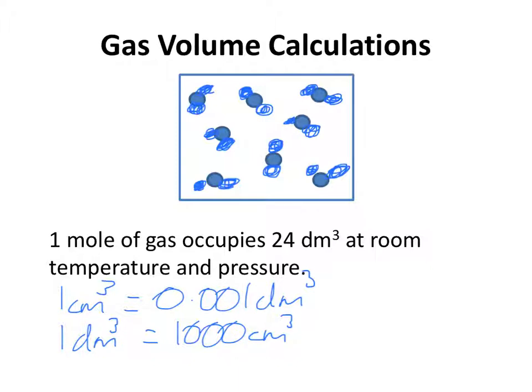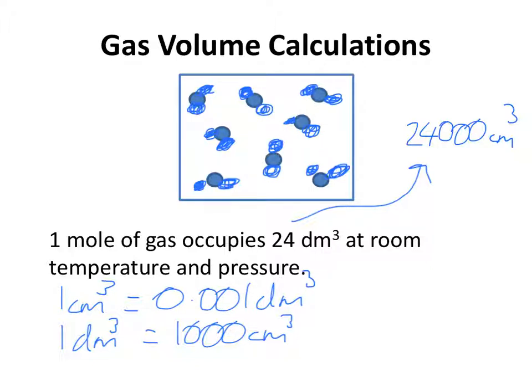It just helps me visualise what it looks like. So if 1 decimeter cubed is 1,000 centimeters cubed, 24 decimeters cubed is going to be 24,000 centimeters cubed. You'll be given this information in the exam, so the question will follow with that bit of information. You're expected to be able to use it.